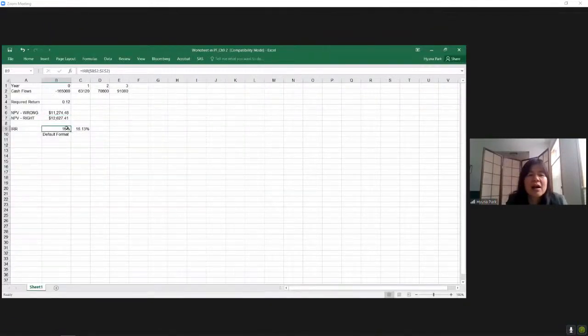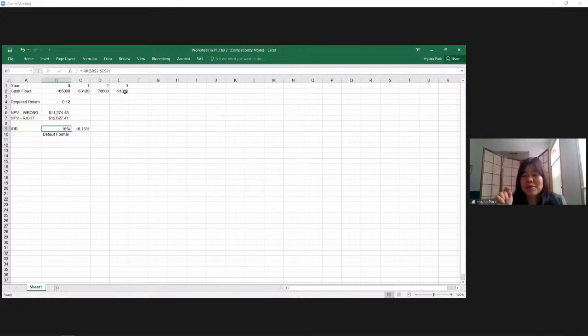So IRR. You choose the cash flows B2 to E2. You enter the initial investment cash flow as negative and the year 1, 2, 3 cash flows as positive.